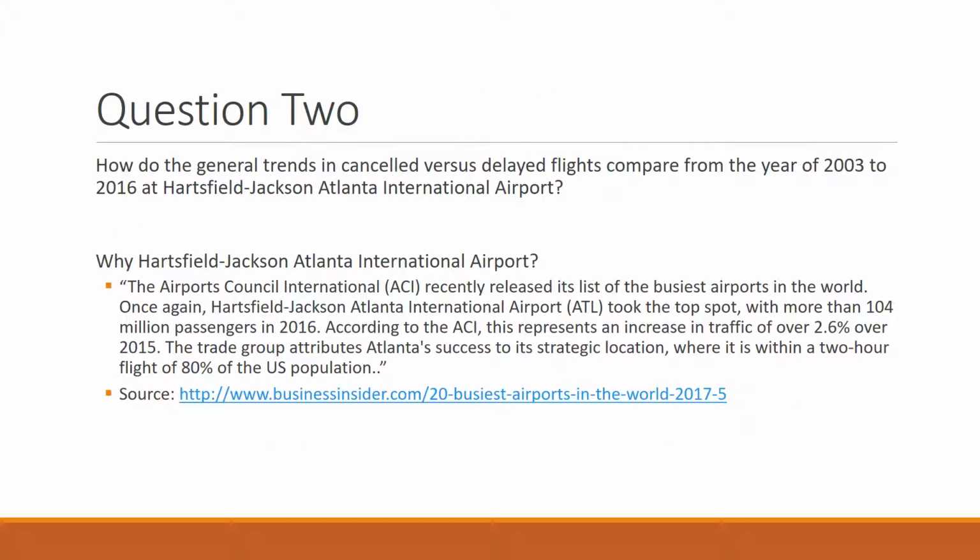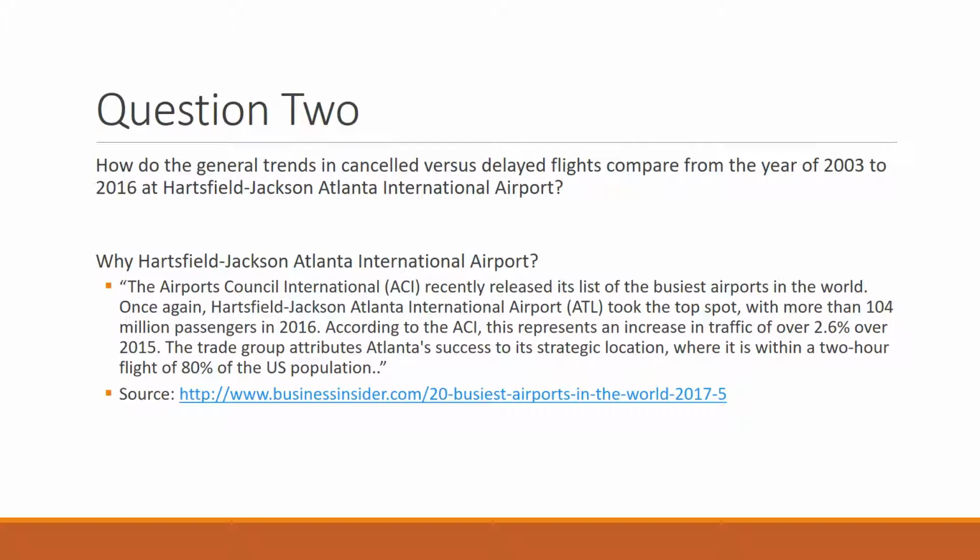So now on to question 2. How do the general trends in canceled versus delayed flights compare from the year of 2003 to 2016 at Hartsfield-Jackson Atlanta International Airport? But first off, an important background question. Why that airport in particular? To answer that, I pulled a quote from the Business Insider. The Airports Council International recently released its list of the busiest airports in the world.